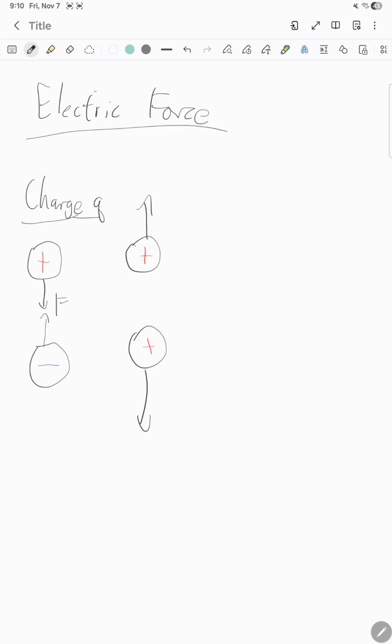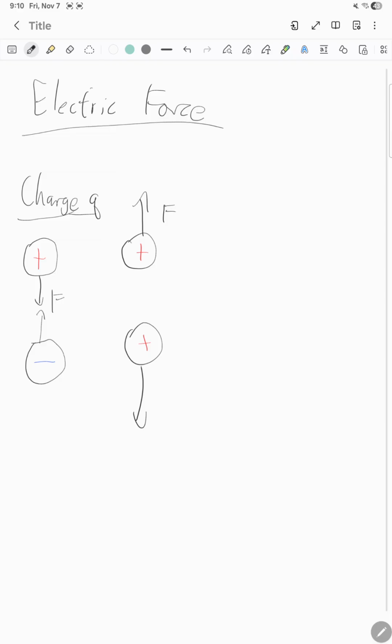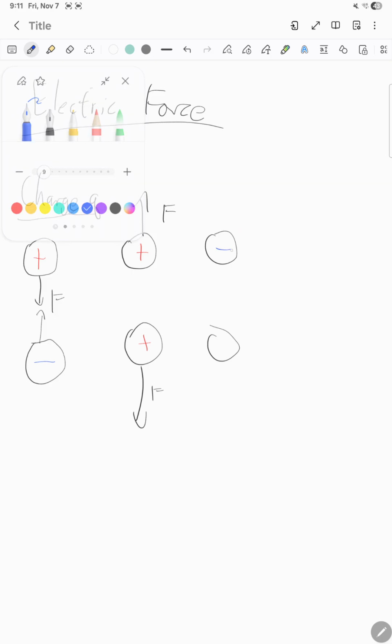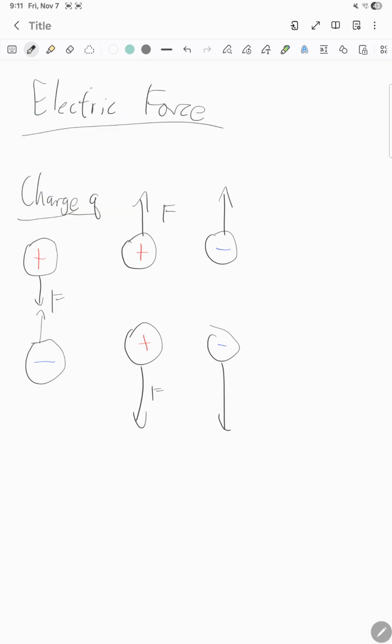Masses only attract. But in electricity, if you have both positive or both negative charges, they will feel a force repelling, not attracting, which is how electricity works.